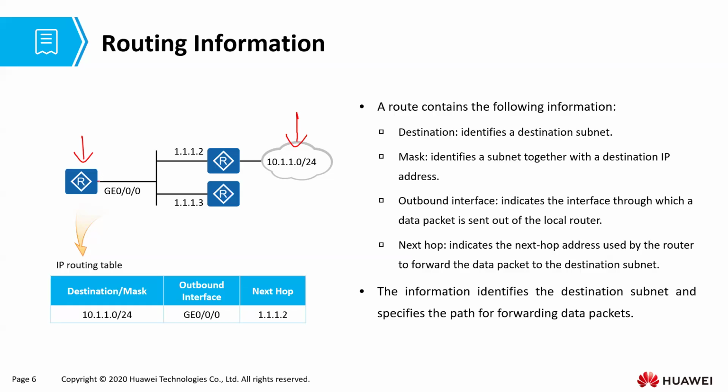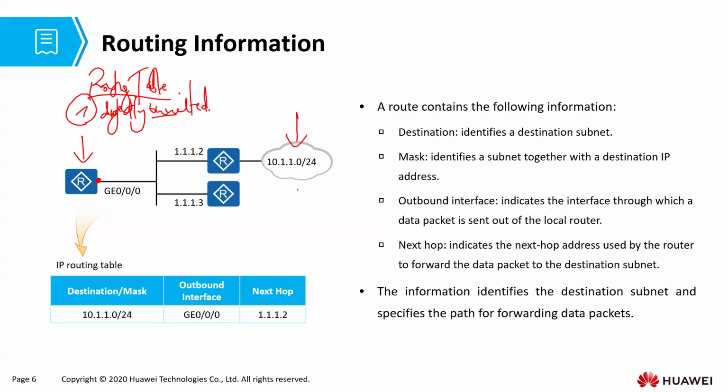So when an interface is up, the consequent network is in the routing table. So let's have our routing table here. So number one, by default, you see what we call my directly connected networks.